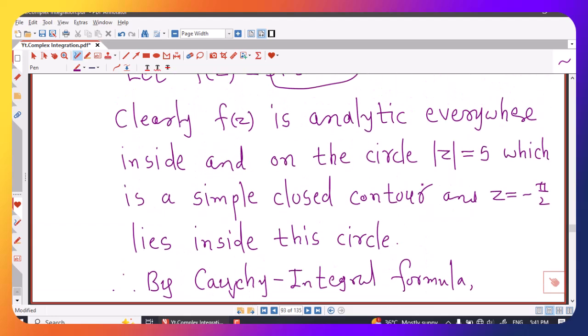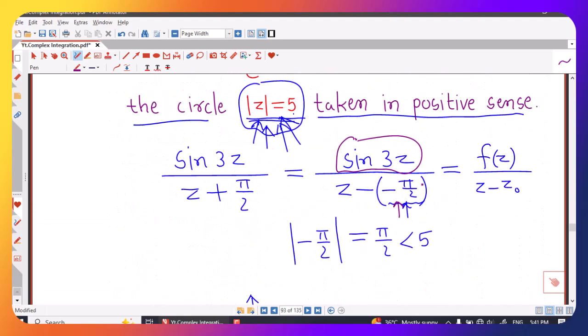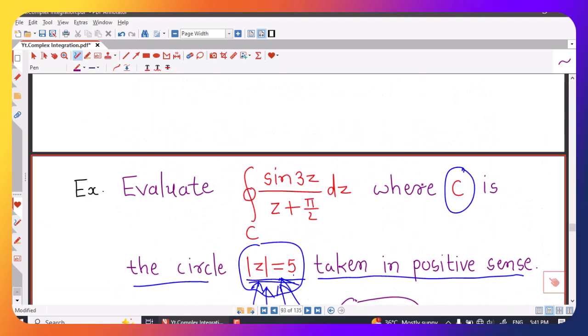So this is a very easy formula. You just have to check whether you can write your integral in this form: f of z divided by z minus z0, where this numerator f of z is analytic everywhere inside and on a given simple closed contour, and this point is interior to the given simple closed contour.